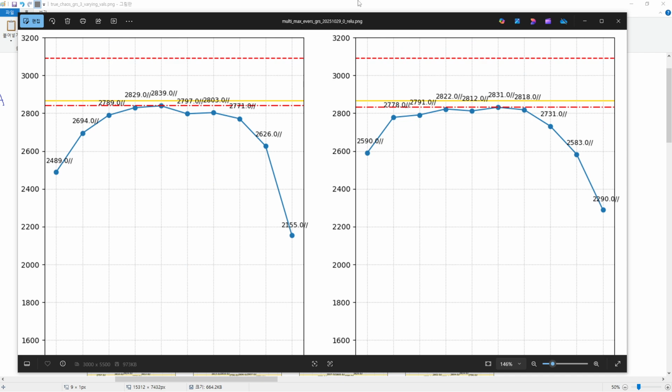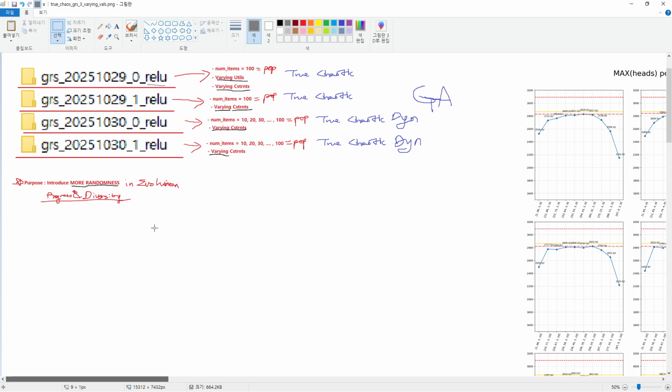But in the case of the true chaotic genetic algorithm using varying utility values and varying constraint values, well, each value of an item used to be fixed.